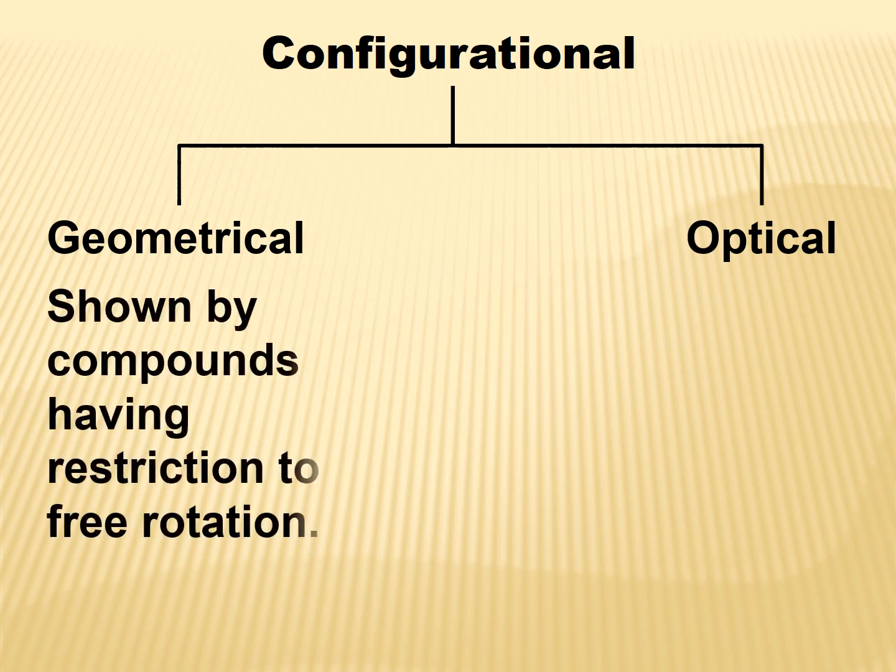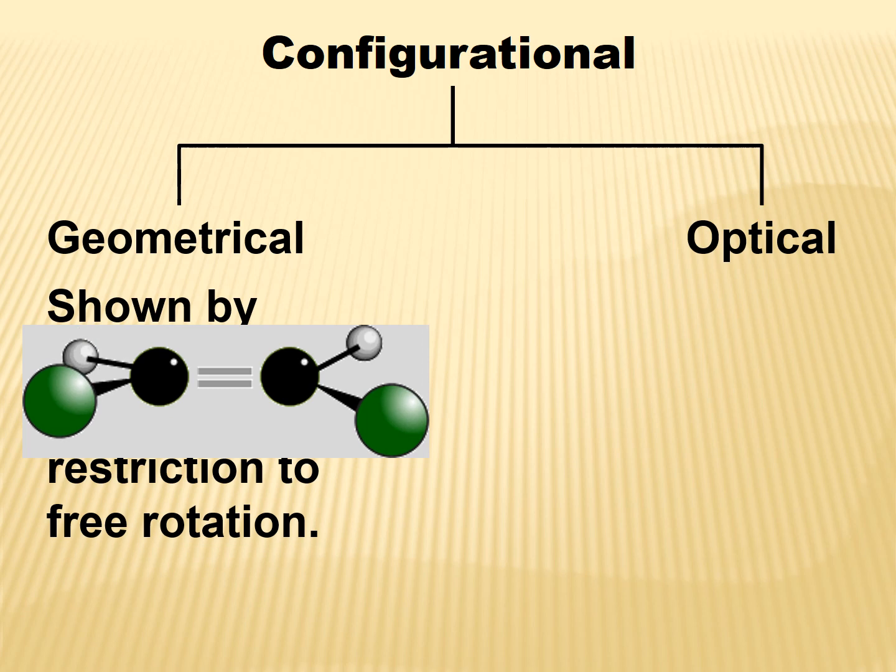Geometrical isomerism is shown by compounds having restriction to free rotation. What is this restriction to free rotation? Now if you look at this animation, this is an olefin, a compound containing a double bond. So you have a carbon-carbon double bond, and you know very well that double bonds are stronger than single bonds, and so these functional groups cannot freely rotate about this carbon.